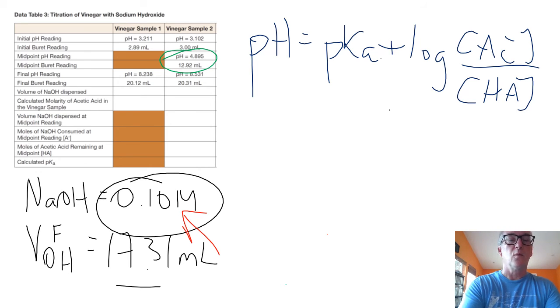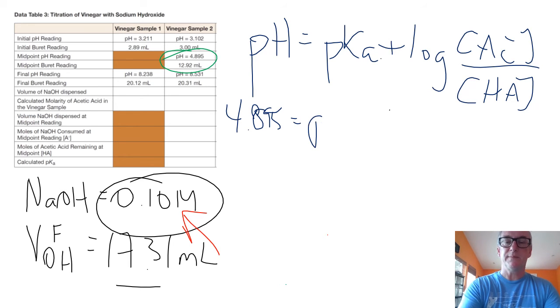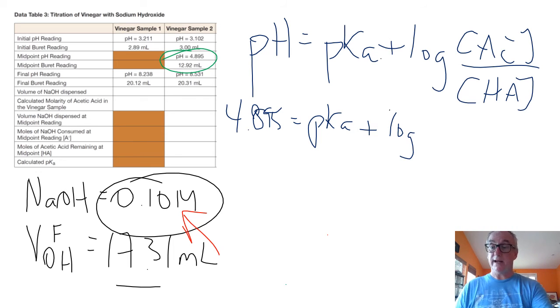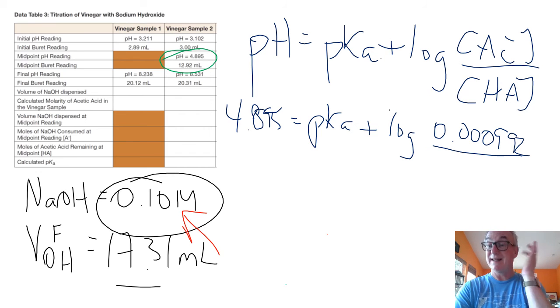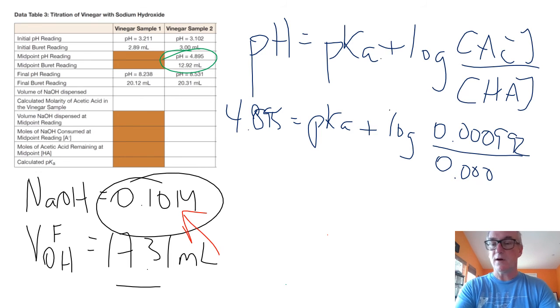So what is the pH? 4.895 equals the pKa plus log, and here's where we put in our moles. 0.000992, the number of moles of acetate, divided by the number of moles of acetic acid left midway, which was 0.000739.